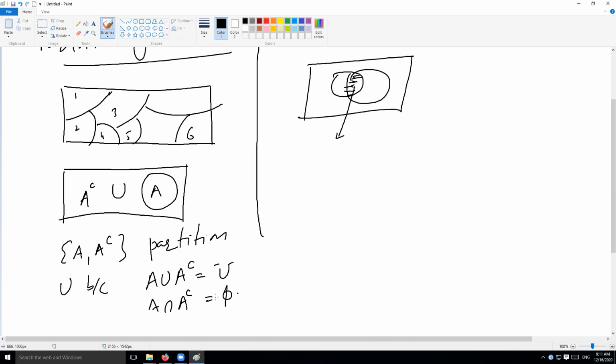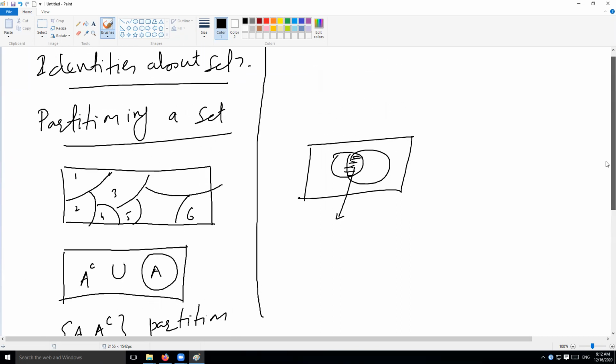This is really the intuition of the partition: split a set into parts. If you union them, you should get the whole thing, and there should not be anything common in both parts.